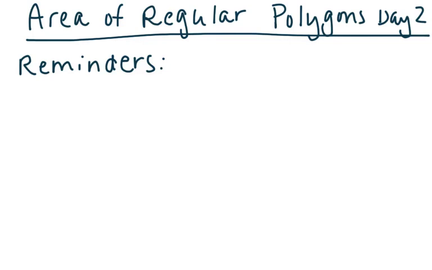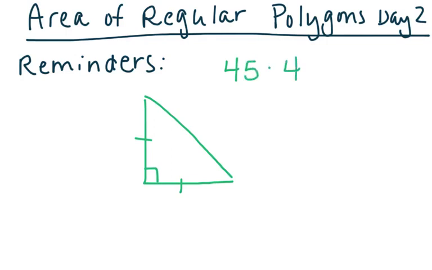So area of a regular polygon, day 2. The first thing that we're going to start off with for some reminders are special right triangles, because we're going to use them today. So remember, we've got two types of special right triangles, the 45, 45, 90, which is also a right isosceles triangle.